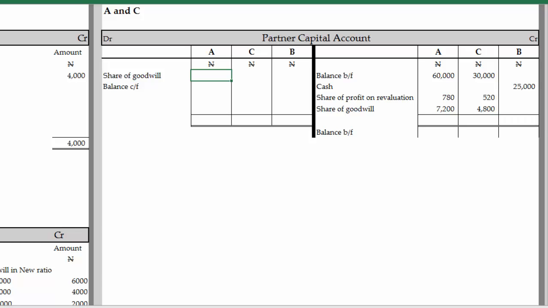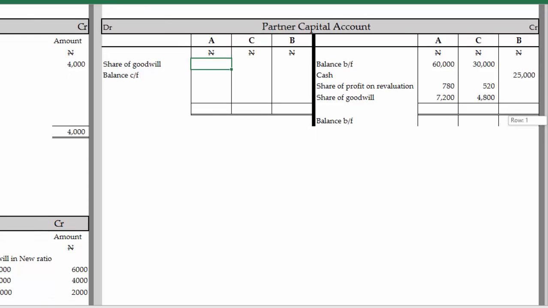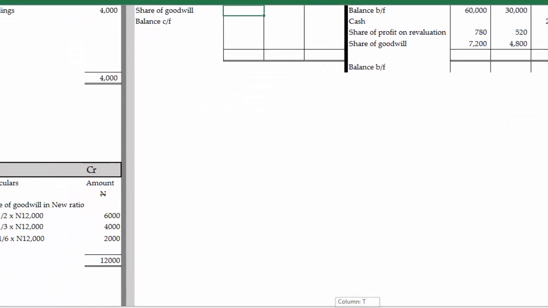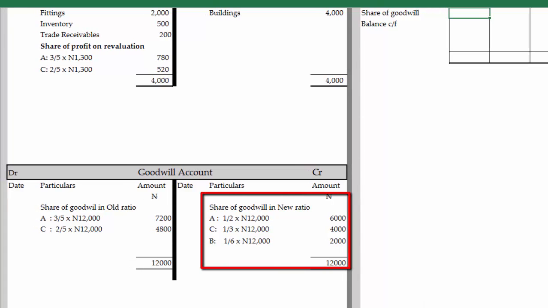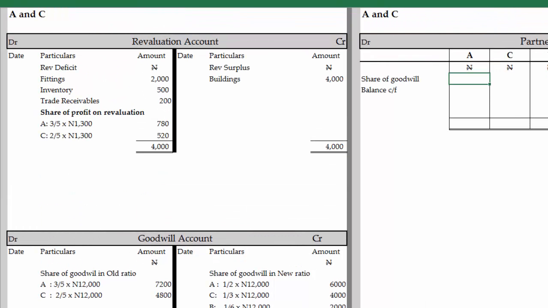Now, having recognized the new capital introduced, the share of profit on revaluation, and the share of goodwill, let's remove the goodwill. We said that the goodwill will be removed by crediting the goodwill account and debiting the capital account. A, we removed 6,000, C, we removed 4,000, and B, we removed 2,000 from his capital, being what he is bringing for his own share of goodwill. Of course, he will be giving it to A and C, who are the old partners.